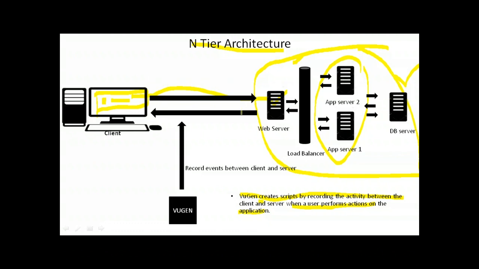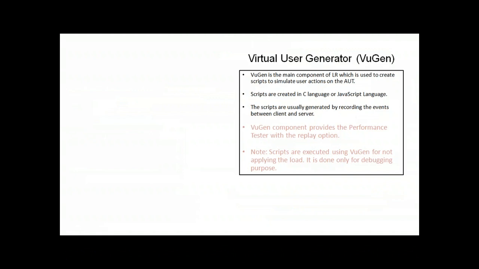Typically it does not record on the screen level for the web HTTP HTML protocol. Again, I'm repeating, guys: for web HTTP HTML, it will not record from the screen, but for certain protocols, like SAP GUI protocol and Ajax True Client, it will record on the screen.